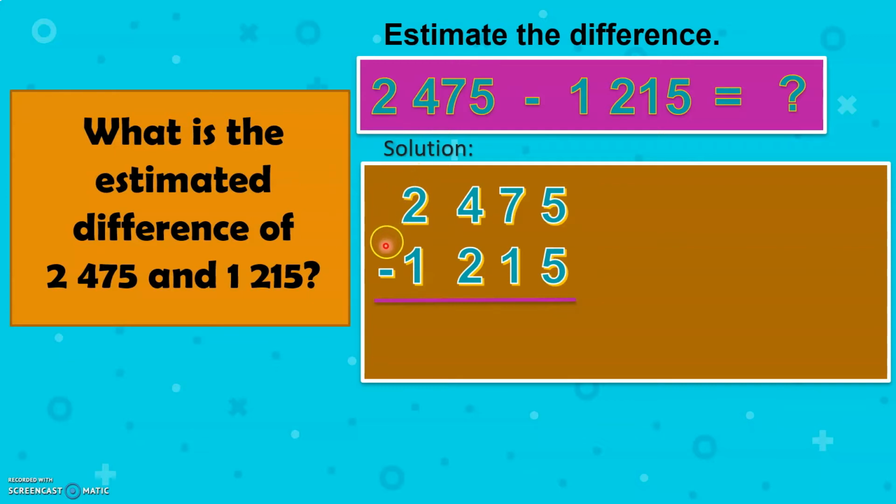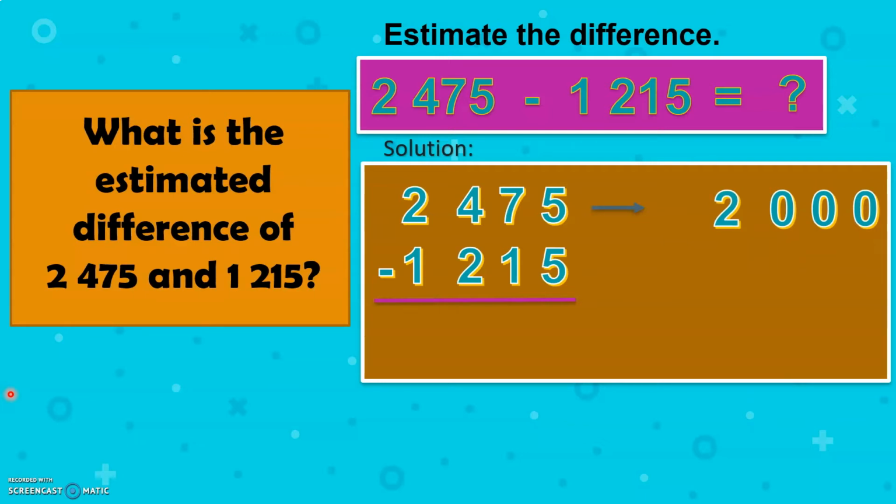So this will be the place value that we need to round off. So let's start rounding off 2,475. What is 2,475 rounded off to the nearest thousands? Okay, very good. It is 2,000.